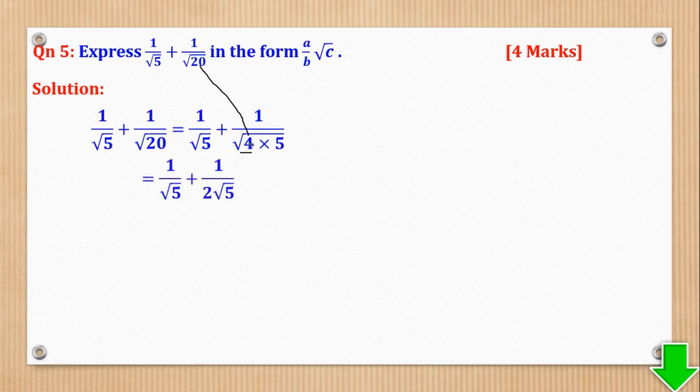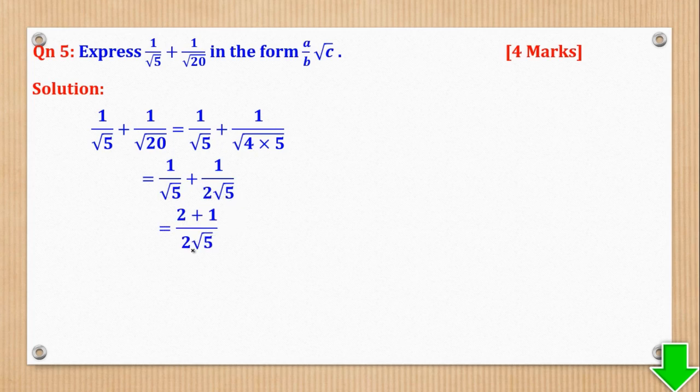Therefore, I'll come and where there is 4, I'll replace it with 2, because square root of 4 becomes 2. But this one, it is not a perfect square, so it remains under the square root. But the good thing, you realize that here we have root 5, and here we have root 5, meaning we can now get the LCM. LCM will be 2 root 5.